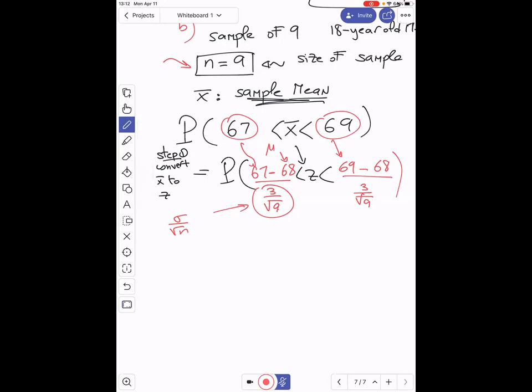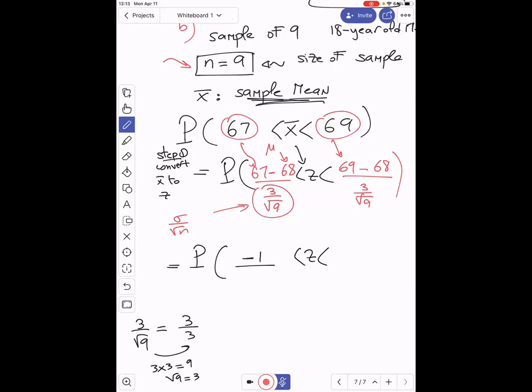So that'll be equal to the probability that your Z, on the left side, 67 minus 68, that's negative 1 over 3 over square root of 9, right? Square root of 9 is 3 because 3 times 3 is 9. So 3 over 3.